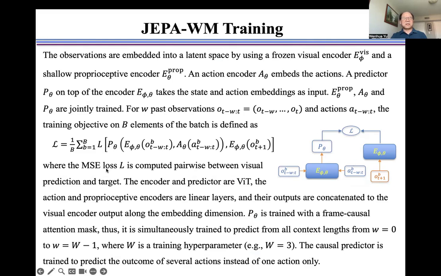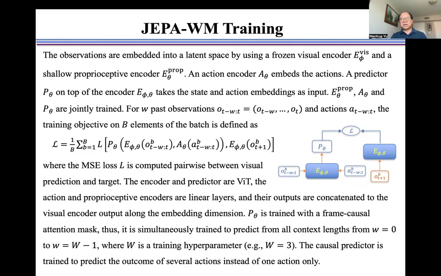Where the mean squared error loss is computed pairwise between visual predictions and the target. The encoder and the predictor are vision transformers. The action and the proprioceptive encoders are linear layers, and their outputs are concatenated to the vision encoder output along the embedding dimension.